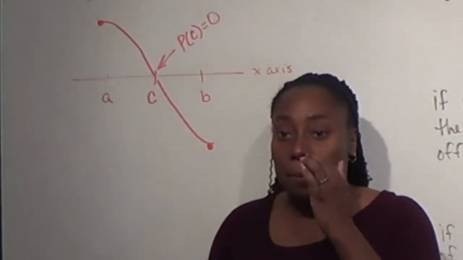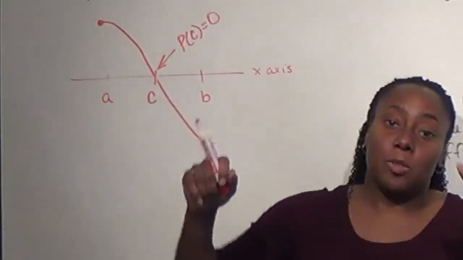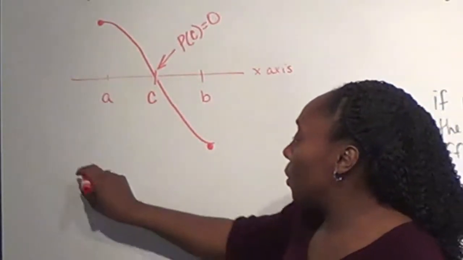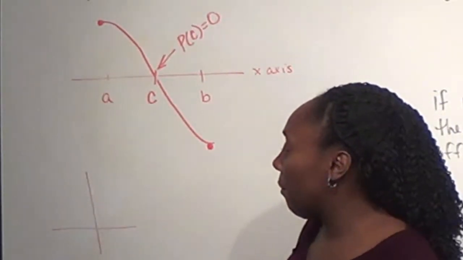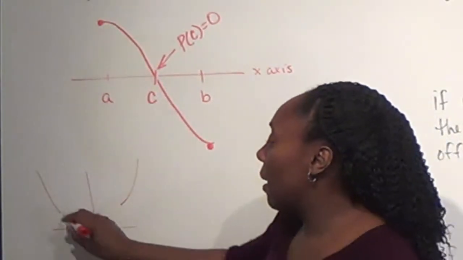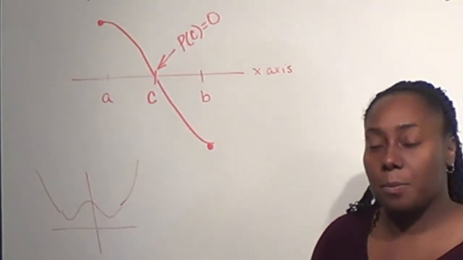Okay. Now, it does not say that if both are above the axis or both are below, it has to cross the x-axis. So if you go back to what we were saying about end behavior, if my ends are both going to positive infinity, there's nothing saying that this graph has to cross the x-axis.